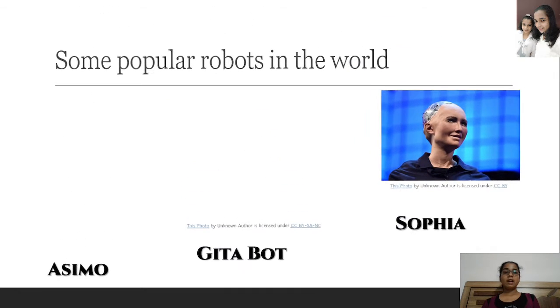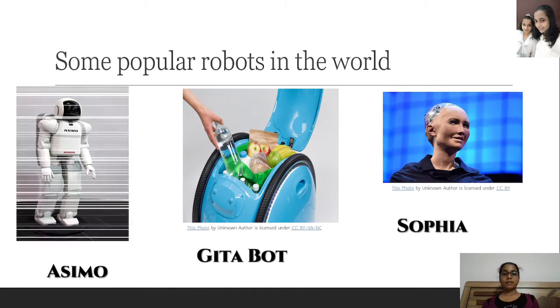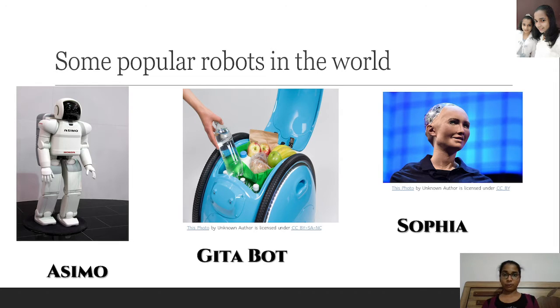Now we have some popular robots in the world. Some of them are Sophia, a humanoid robot. It is even given the citizenship of Saudi Arabia and is a United Nations innovation champion. Next is GitaBot. It is designed to follow you when you are going shopping.